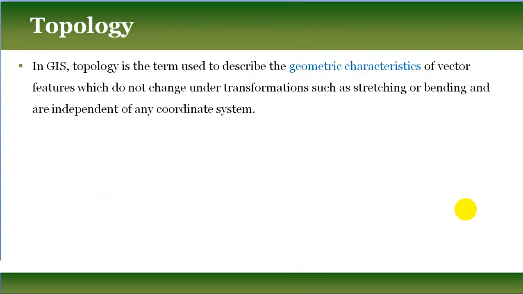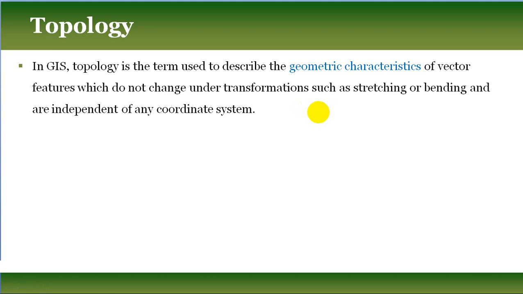In GIS, topology is the term used to describe the geometric characteristics of vector data, which do not change under transformations such as stretching or bending.